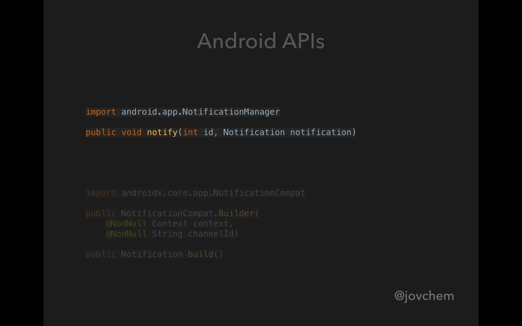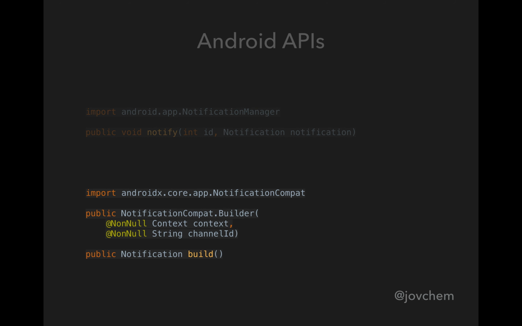And how we can build this type of system notification, there is another API in the AndroidX core app. At this moment I'm using that import. There is a support package as well, but people who are more into Android, they know what's the difference.